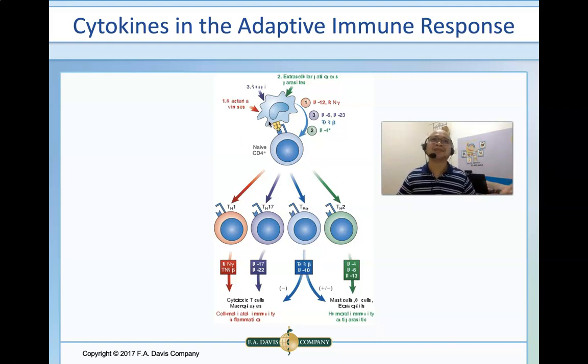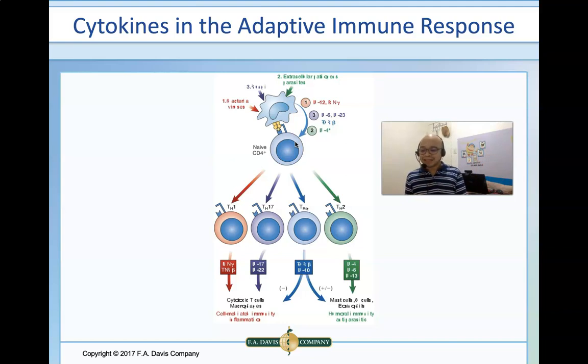Naive T cells, because when we say naive, these T cells have not encountered any pathogens yet. So it's the first time that they are able to encounter the pathogen. This naive T helper cell will no longer be naive when it encounters a pathogen. So it will undergo clonal expansion and be differentiated into specialized subsets.